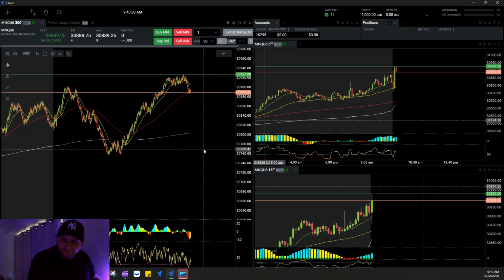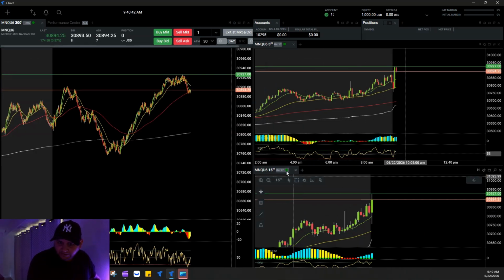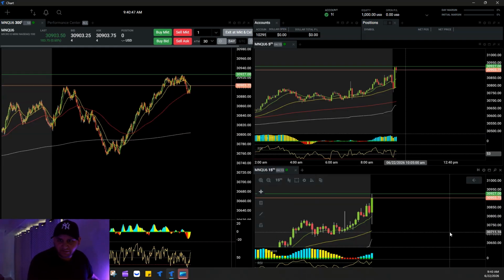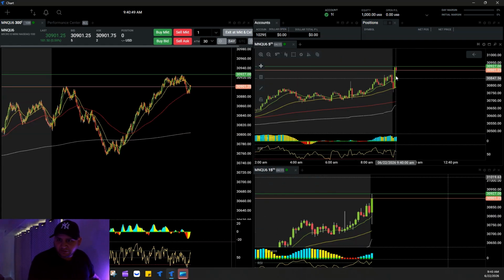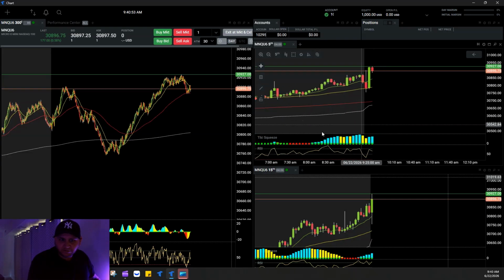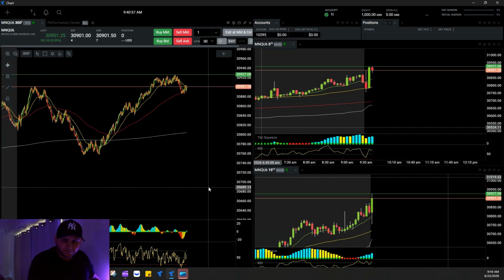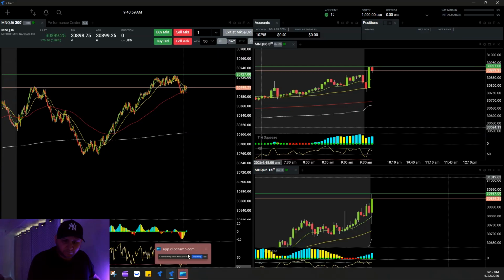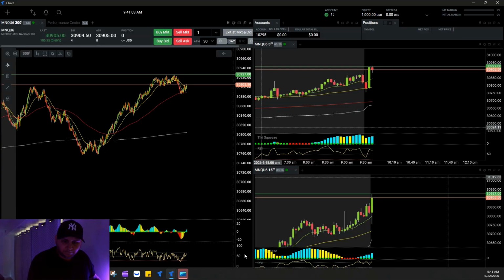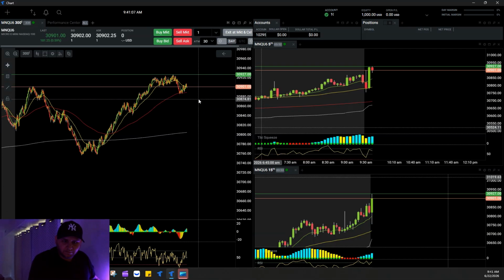Let's see what happens. I also like to see when the candle ends. So we got 5 more minutes on this 15-minute candle. This 5 minute candle is super strong. I want to see what happens here. If you guys don't know yet, I'm using Tradovate.